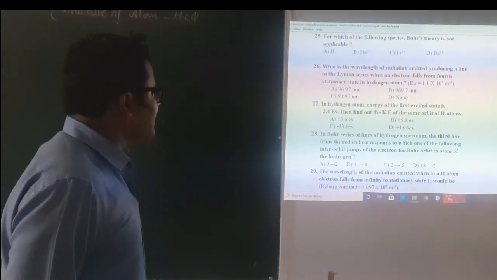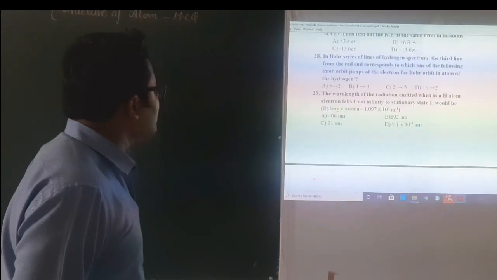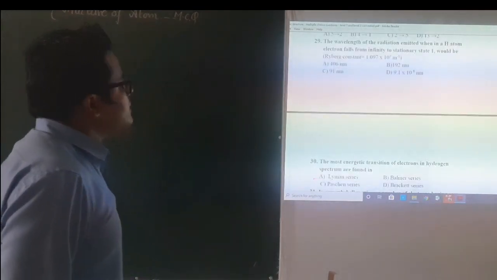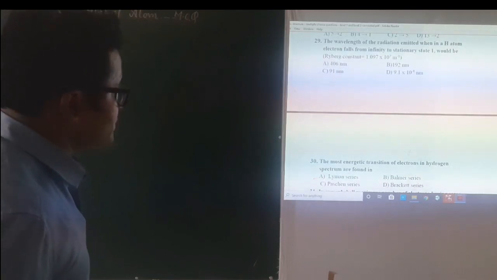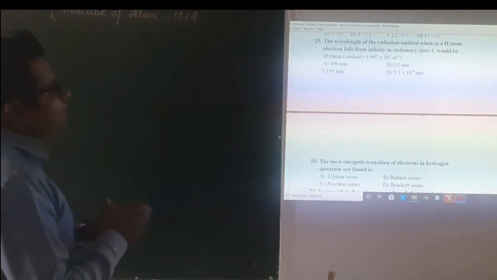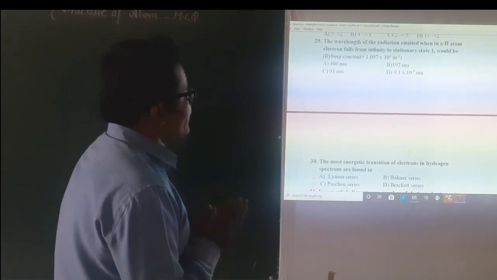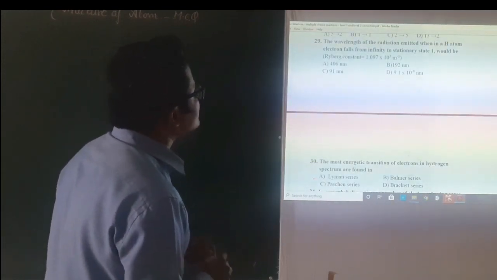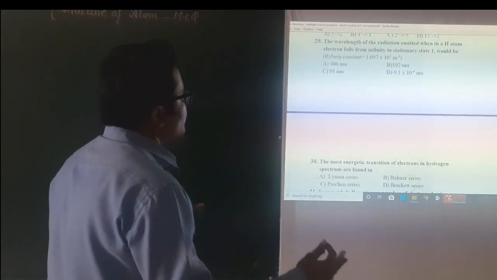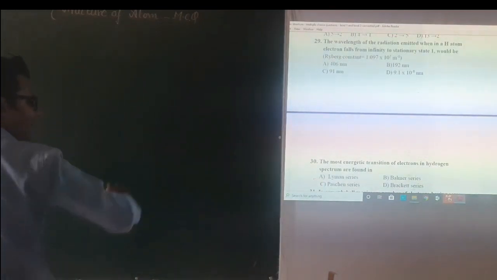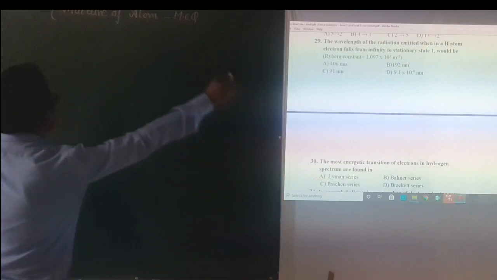Moving forward with the next question, that is question number 29. The wavelength of radiation emitted when in a hydrogen atom the electron falls from infinity to the stationary state, what would it be? Quite easy, quite straightforward answer over here.